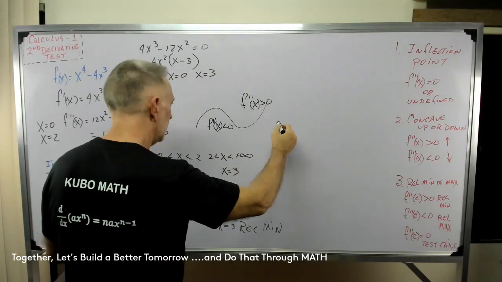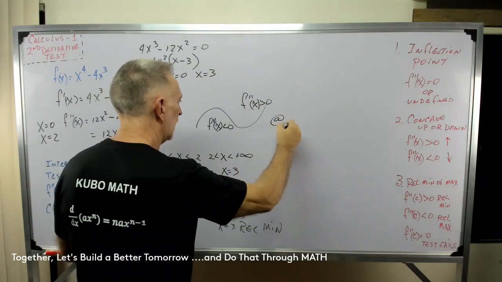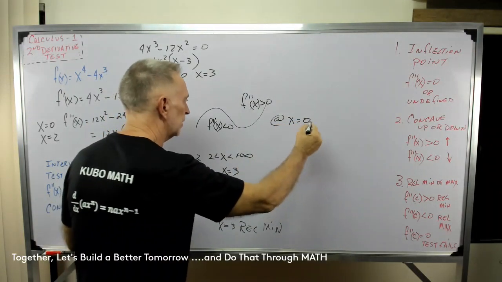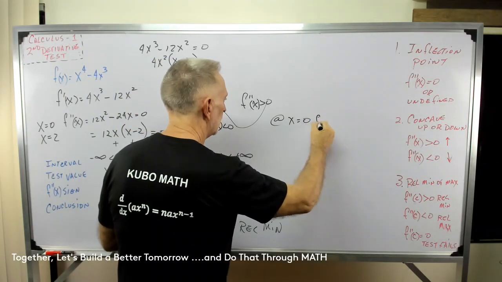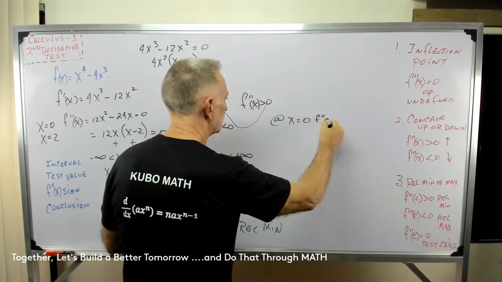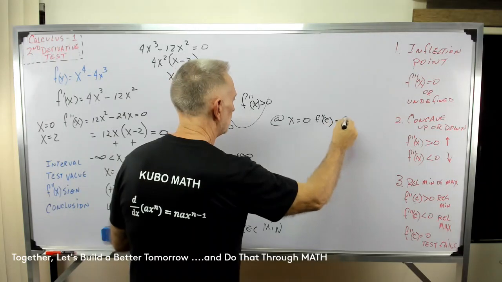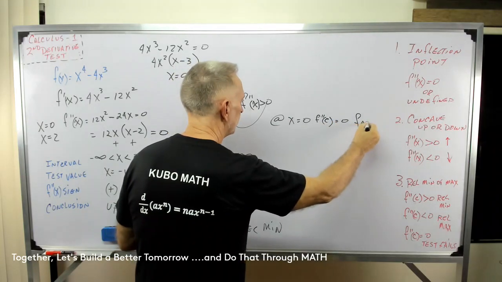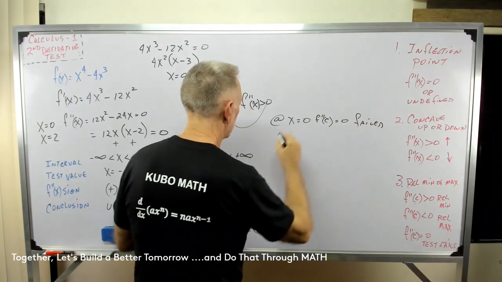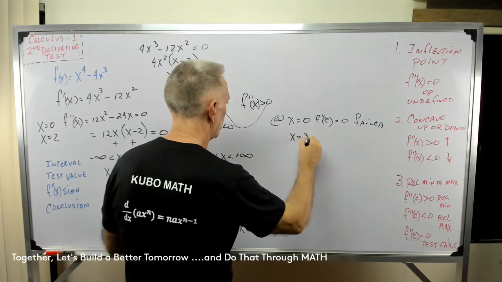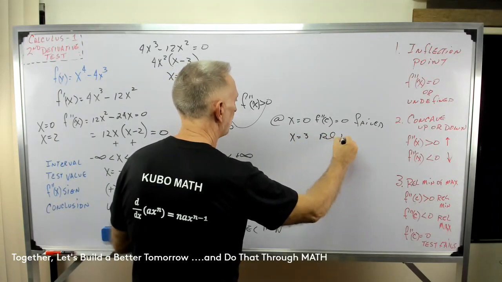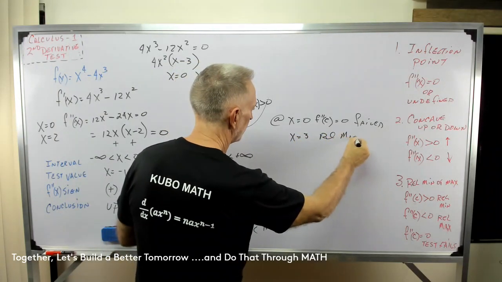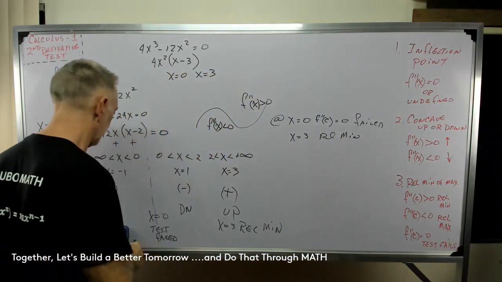We had at x equals 0, test failed. The f double prime of c equals 0. It failed. At x equals 3, it was saying it's a relative minimum.